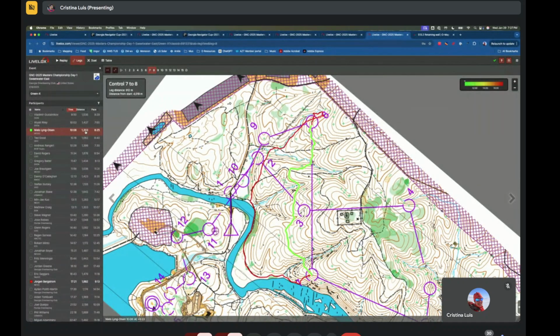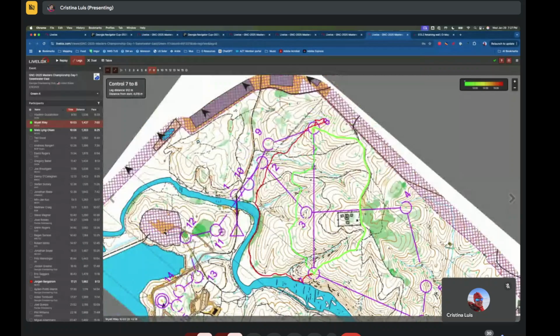And then next, maybe you can do Wyatt. So he did a typical ridge and valley route choice, where you climb up the ridge you're on, find the higher point, run along the ridge, and come down towards the control. This was about 50% longer than the straight route and had 70 meters of climb.